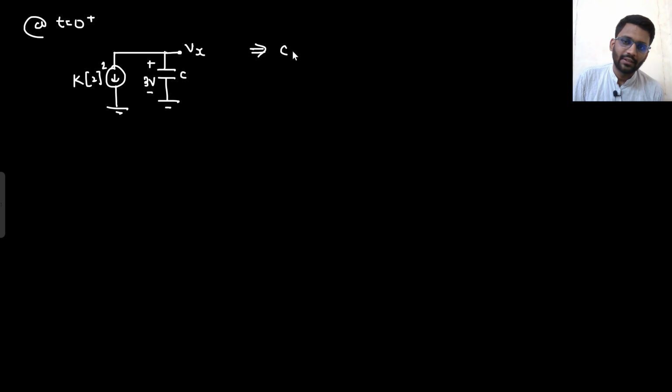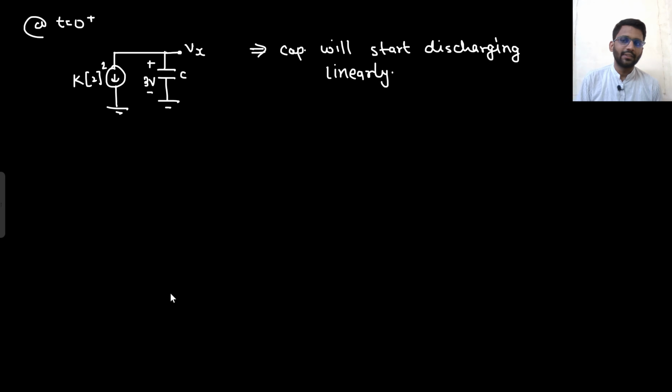The capacitor will start discharging. How will it discharge? Linearly. Why linearly? Because the current is constant. If the current is constant, what will be your Vx or VCT? The initial voltage is 3, and the current is flowing in the opposite direction, like this.